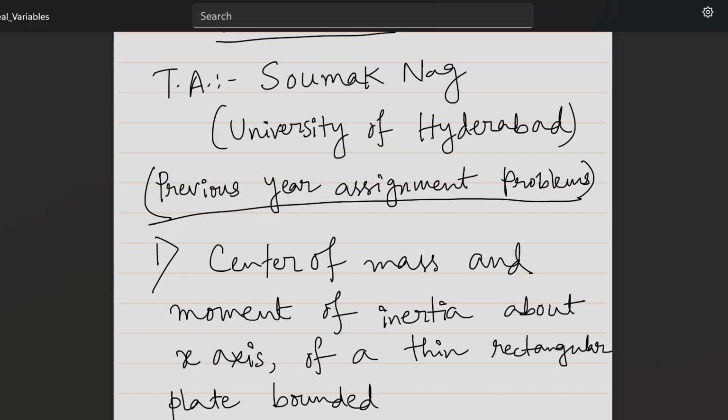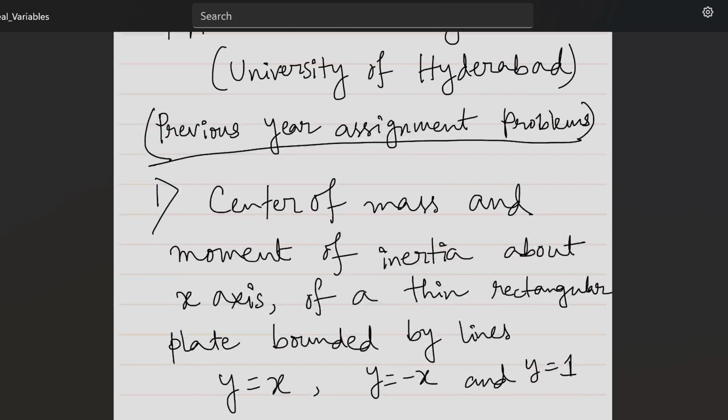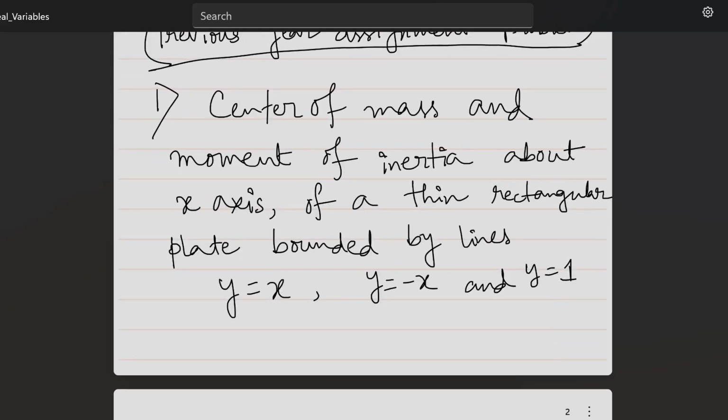Of a thin rectangular plate that is bounded by some lines. What are the lines? y equal to x, y equal to minus x, and x equal to 1. Sorry, and y equal to 1. So center of mass and moment of inertia you have to find about x-axis of a thin rectangular plate that is bounded by these lines.